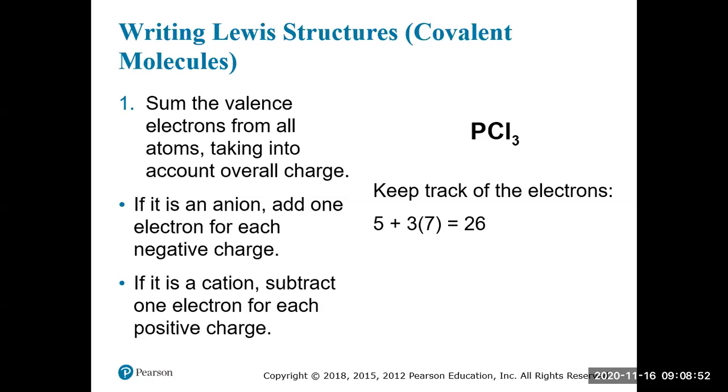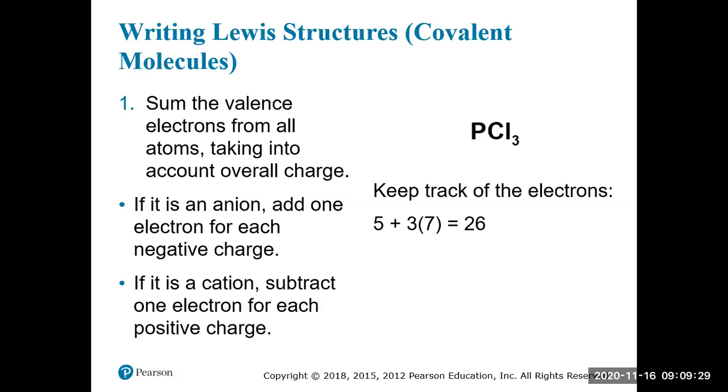So let's take PCl3 as an example. For phosphorus, we look at the periodic table and see that it's in group 5A, so it has 5 valence electrons. For chlorine, we see it's in group 7A, so there are 7 electrons around it. We have 3 chlorines and 1 phosphorus, so it would be 5 plus 3 times 7, for a total of 26.